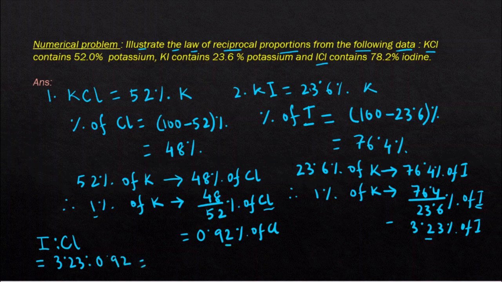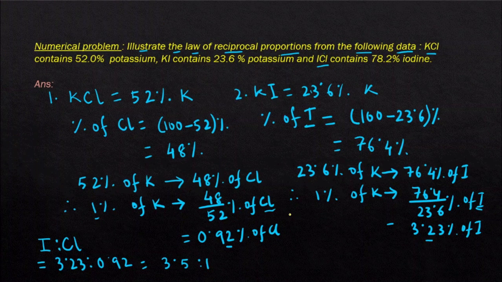And if we reduce these values, 3.23 divided by 0.92 gives us a reduced value of 3.5:1.